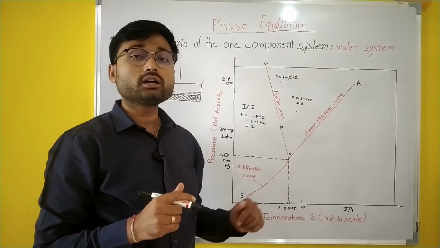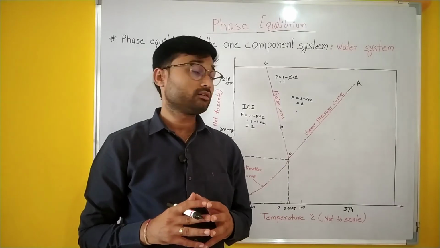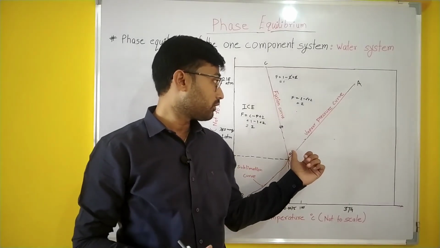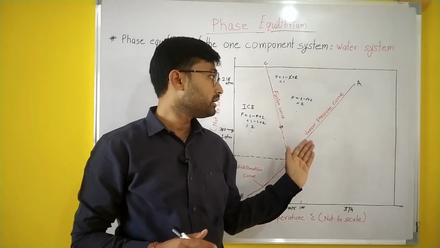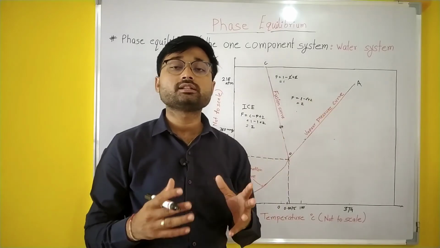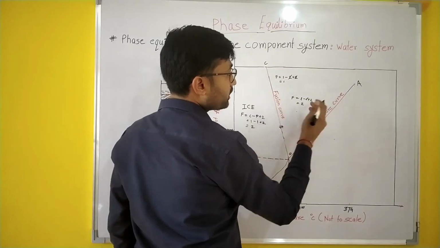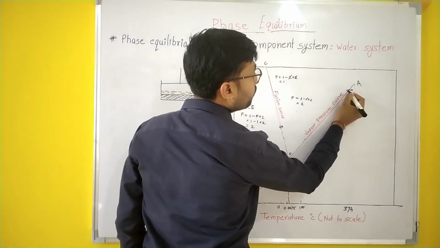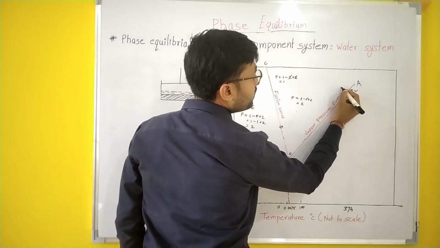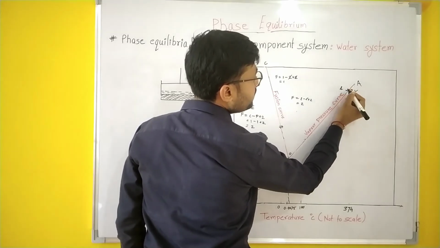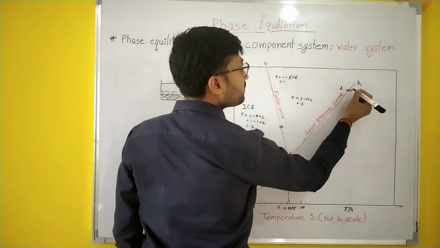Now we are going to see another one, the vapor pressure curve. Suppose you have any point on the vapor pressure curve. So what is the degree of freedom? You can calculate the same way as for the fusion curve. Here both vapor as well as liquid are present, so both phases are present.